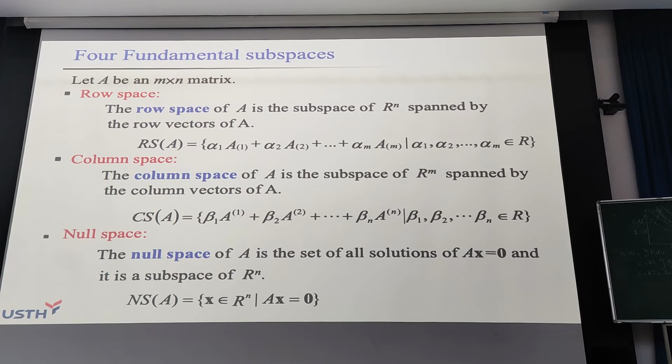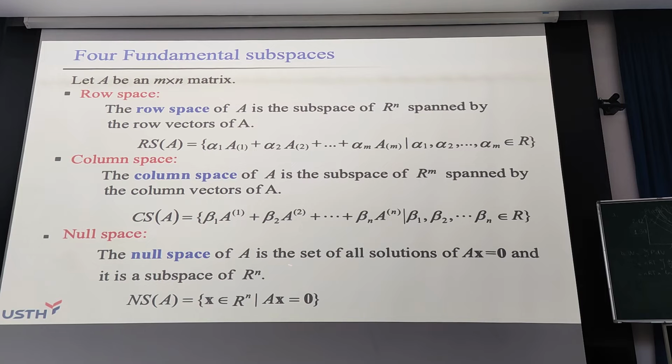Then we can define the row space. The row space of A is the subspace of R^n spanned by the row vectors of A. Similarly, we can do that with the column vectors. The column space of A is a subspace of R^m spanned by the column vectors of A, or by formula you get that one. The third one is the null space.